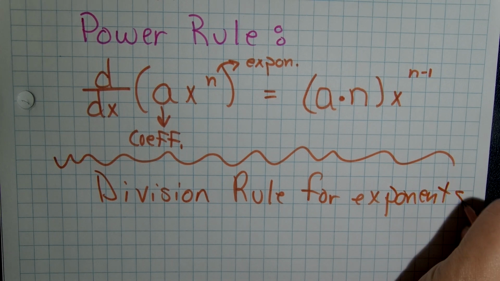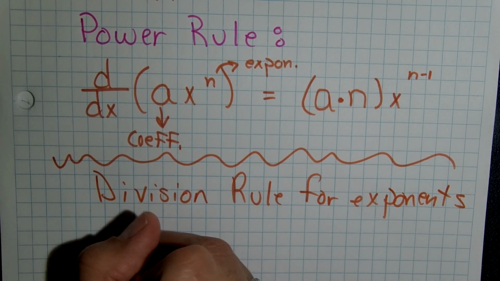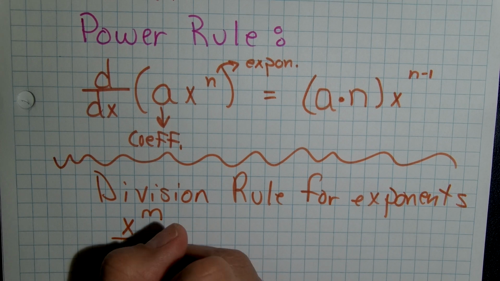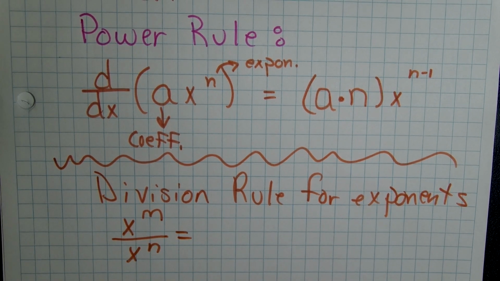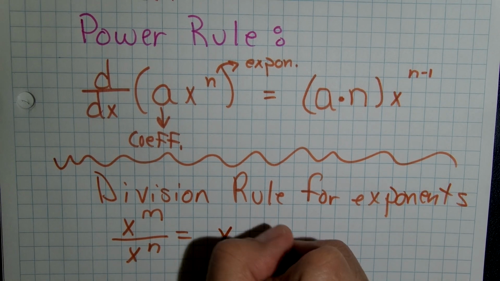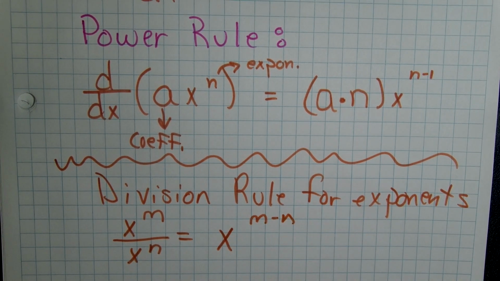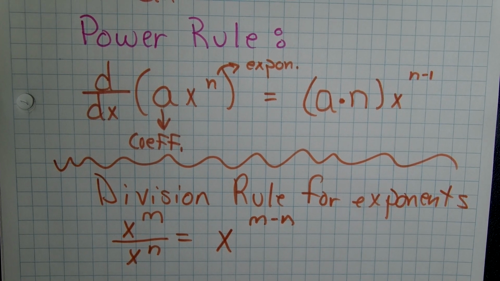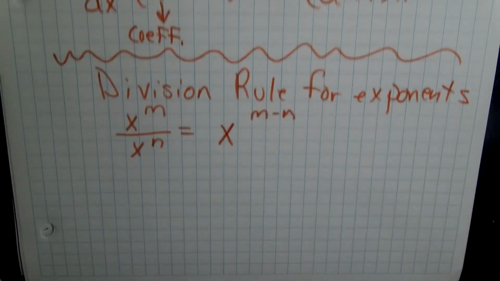So if I have x to the m over x to the n, does anybody know what I do to the exponents? Yes, Emerson, subtract. You're going to subtract m and n. Okay? Can I go down? Everybody have the power rule or no?